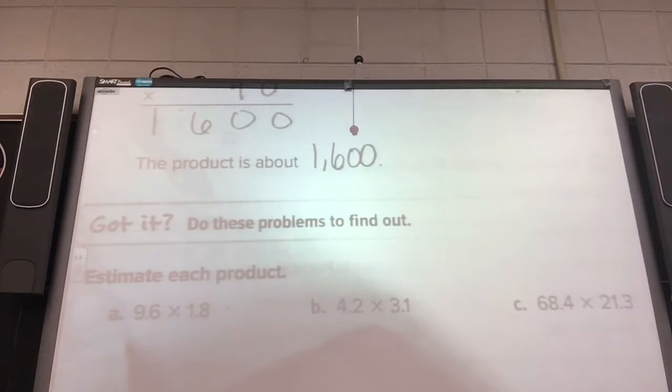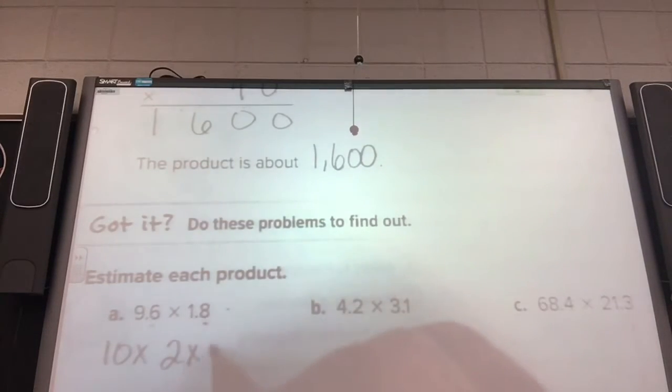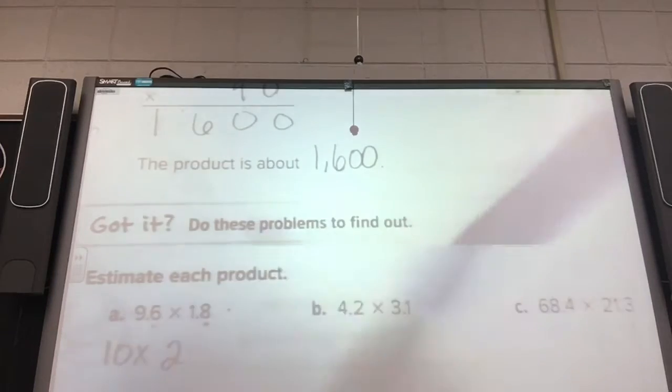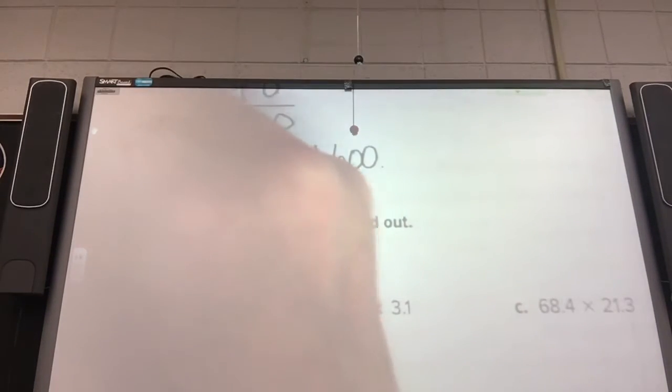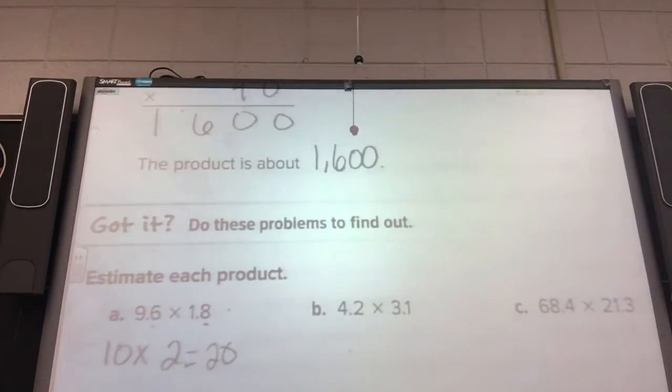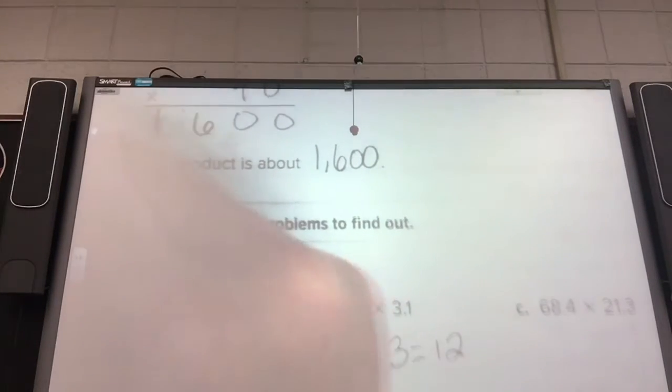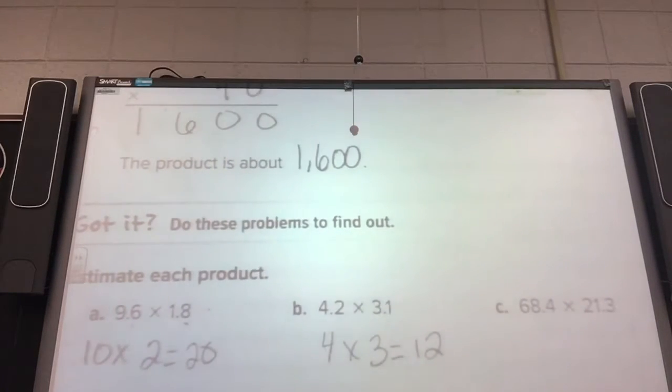All right, for A, we would have rounded 9.6, 6 is 5 or above, would have been 10 times 1.8 is closer to 2. 10 times 2 equals 20. Your first answer is 20. Letter B, 4.2 is closer to 4, times 3.1 is closer to 3, equals 12. Letter B would be 12.